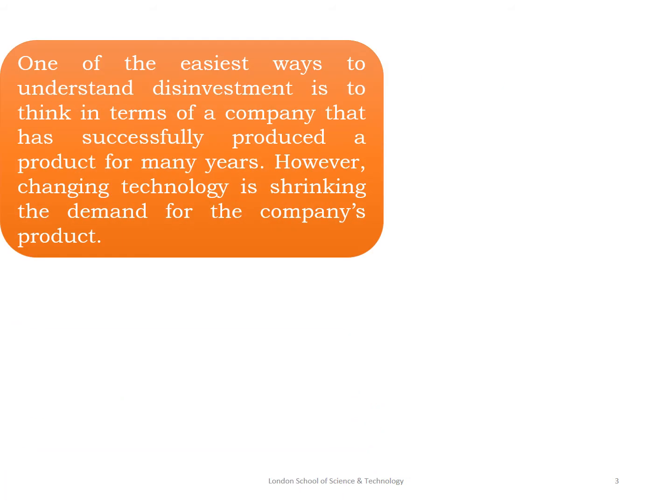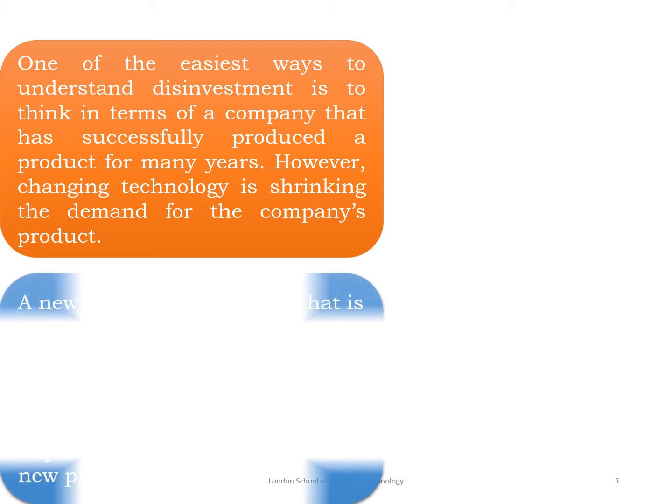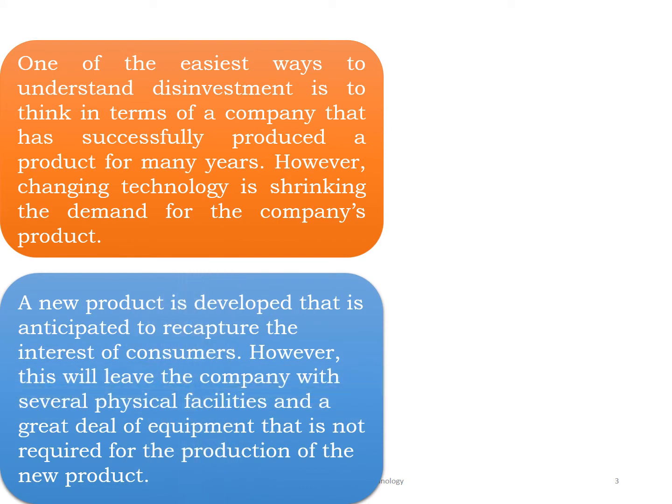So one of the easiest ways to understand disinvestment is to think in terms of a company that has successfully produced a product for many years. However, changing technology is shrinking the demand for that company's product. A new product is developed that is anticipated to recapture the interest of consumers. However, this will leave the company with several physical facilities and a great deal of equipment that is not required for the production of the new product.